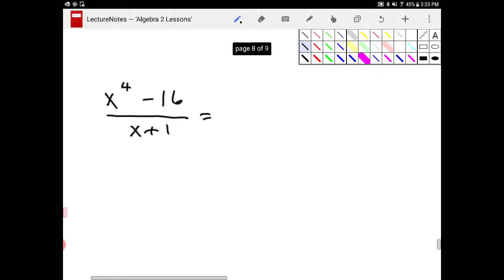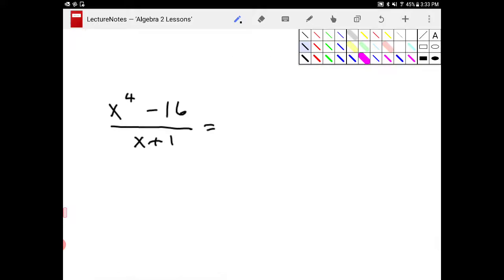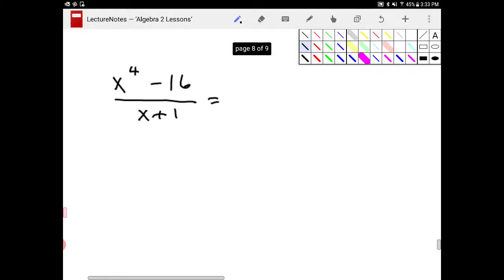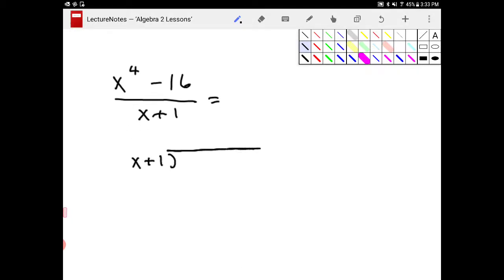Well, you know how the example that I had gone through with you guys with an actual number, not an abstract expression like this. So we can actually operate on polynomials just like we would on real numbers. So I'm going to rewrite this in the same manner in which I am going to operate on an actual number. So I rewrite it and I make it look like this.